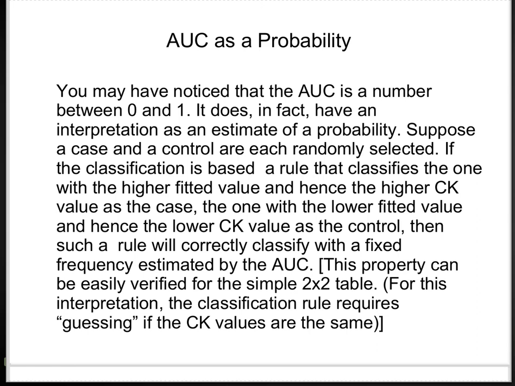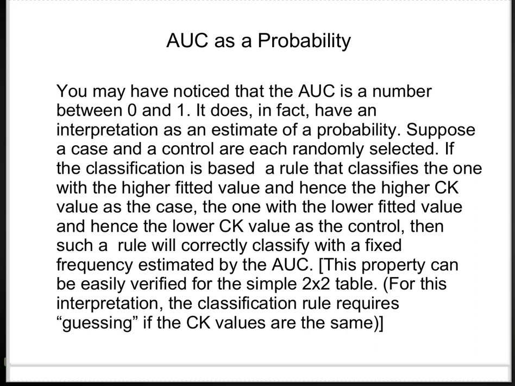Okay. It turns out that there's a probability associated with implementing such a rule, of using such a rule. And that is, correct classification is estimated by the AUC. Okay, in this curious little game.